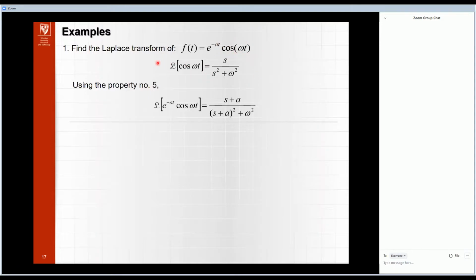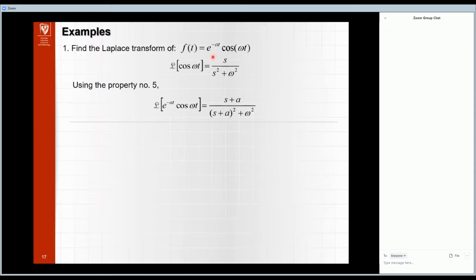And when using property number 5, frequency shifting, we just write s plus a instead of s in this situation, and we know the transformation of this original function.